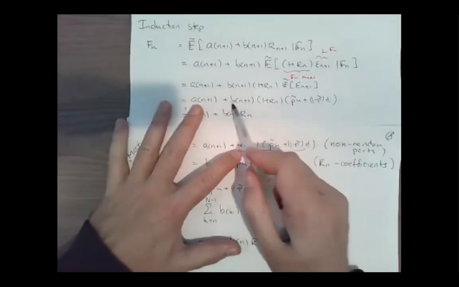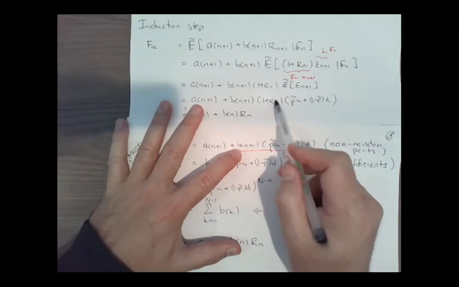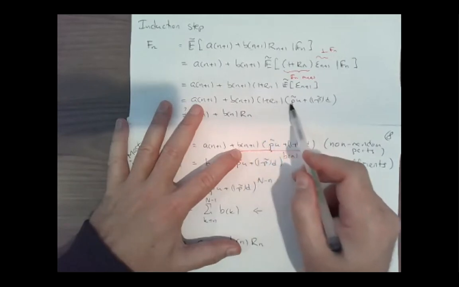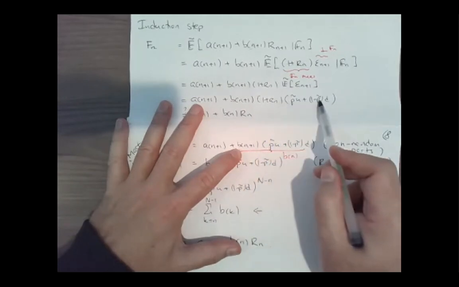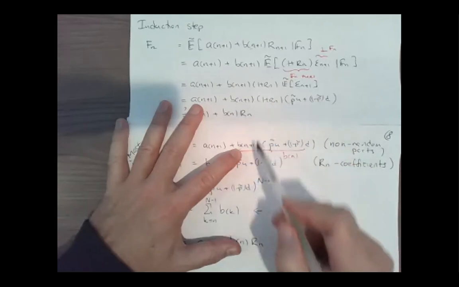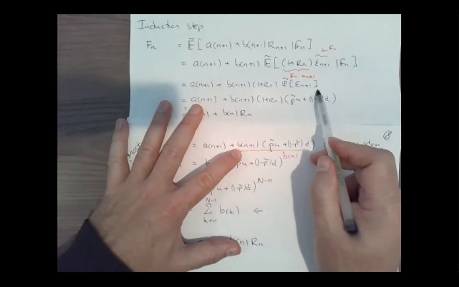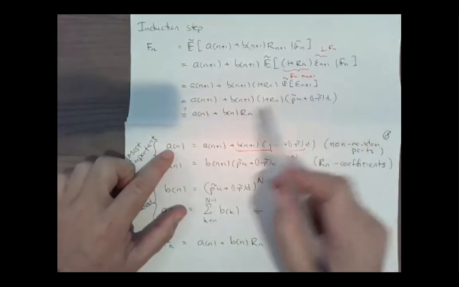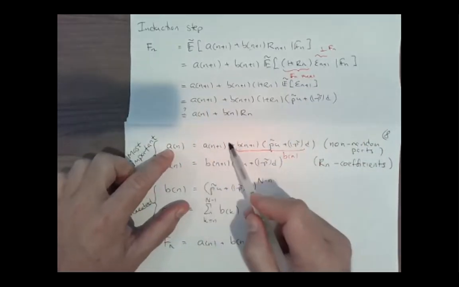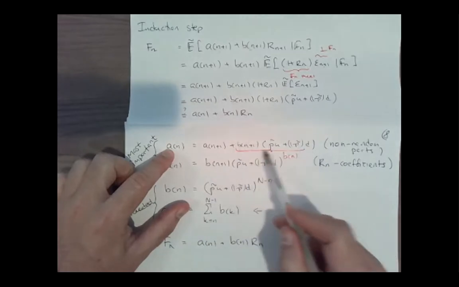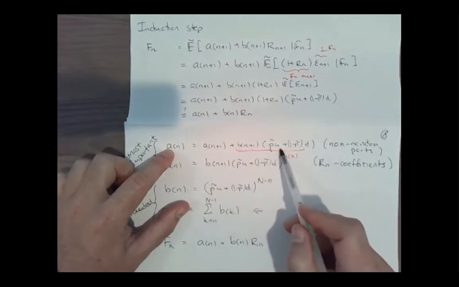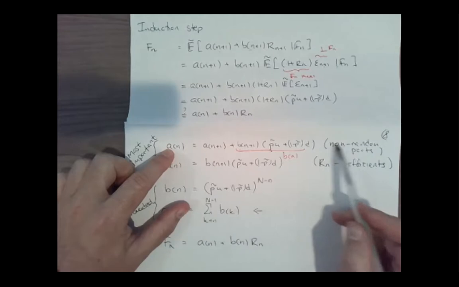And then you have BN, forget about the R, so you just have a 1 here, and then this coefficient. Then you have BN plus 1, and that coefficient here. So that's going to give us a connection between AN and AN plus 1, with this term that comes in. So that's the non-random parts.